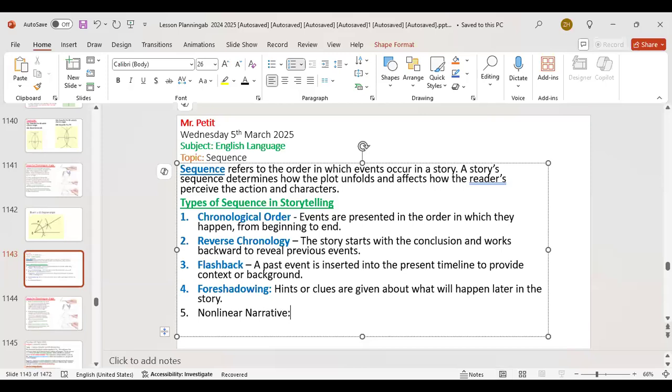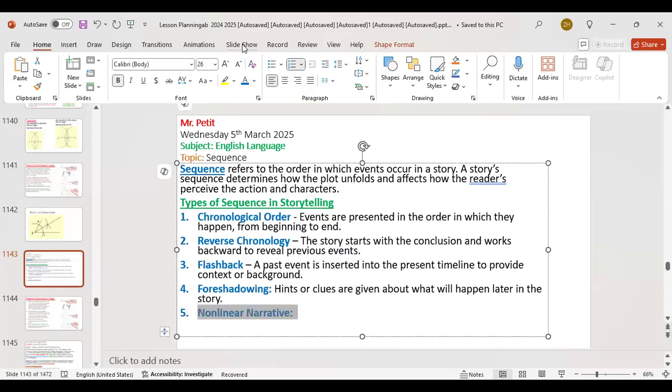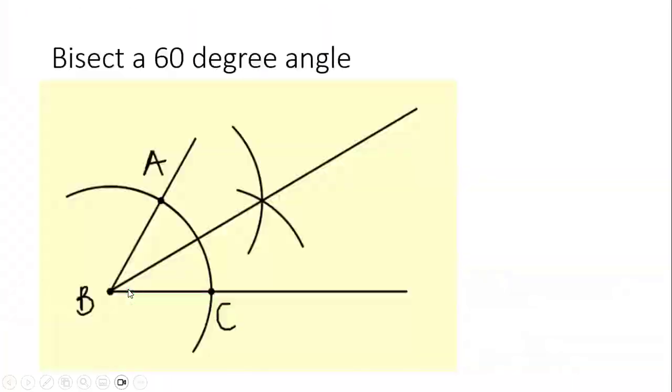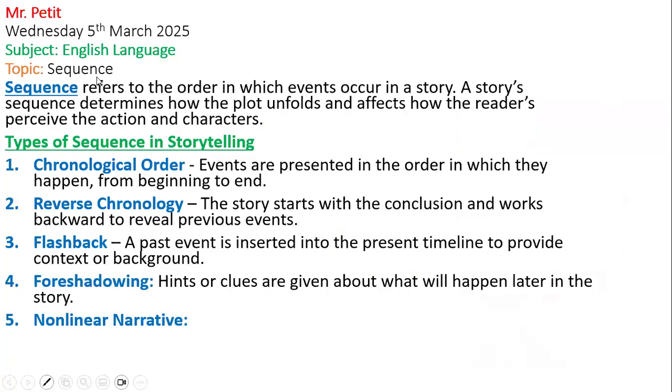All right, the next one is non-linear narrative. Non-linear. So linear means what? Linear is like a straight line.